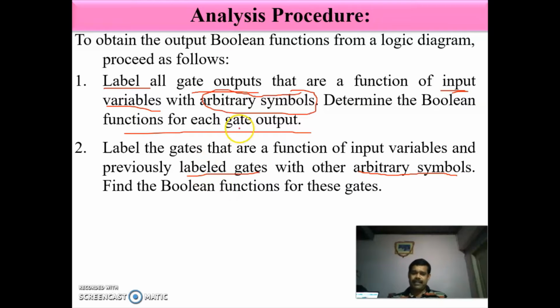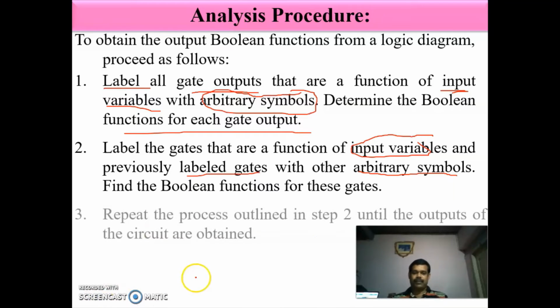So the next level of gates, how we are labeling means label the gates that are the function of input variables and the previously labeled gate with some other arbitrary symbols. Find the Boolean function for those gates also.